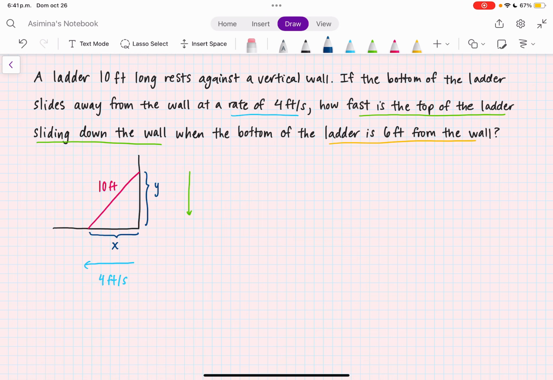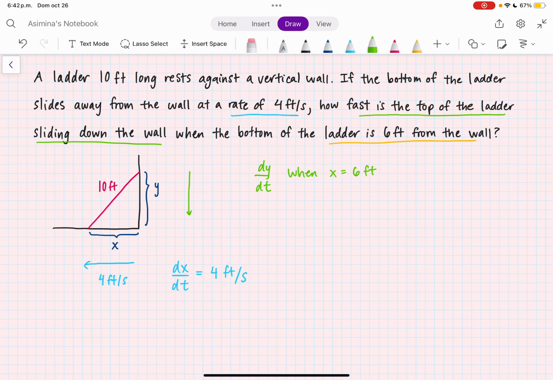Now, in terms of x and y, I have that dx/dt is equal to 4 feet per second. And what I'm being asked to solve for, which is written in green, is dy/dt when the ladder is 6 feet from the wall. So basically, when x equals 6.